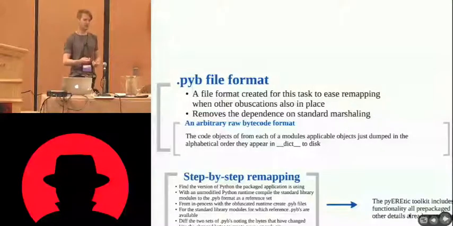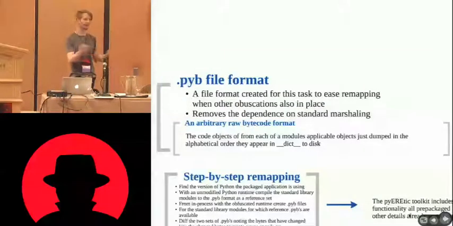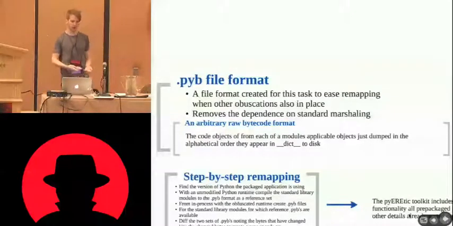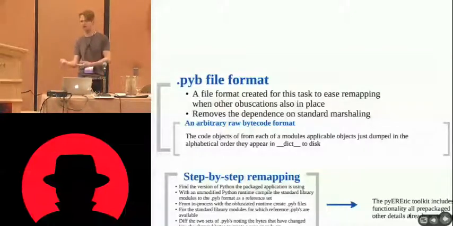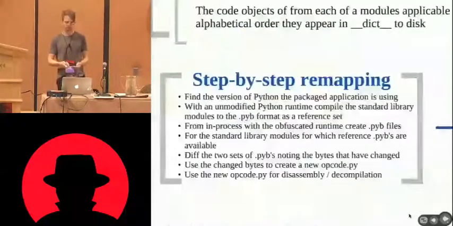That was much easier than looking at the PYCs themselves, because if there was marshalling or obfuscation in place, that would break looking at both PYCs. So we've gone to an agnostic format, which I called a PYB, and this allows you to do the opcode remapping without having to rely on the unmarshalling, which you may not understand because it's been done in the C layer.